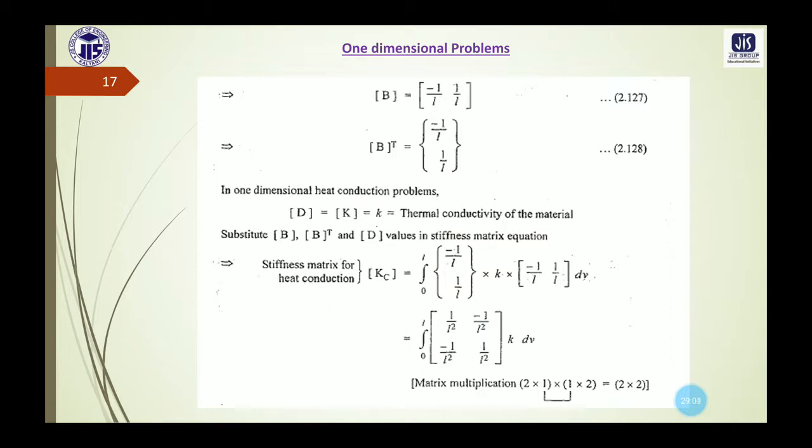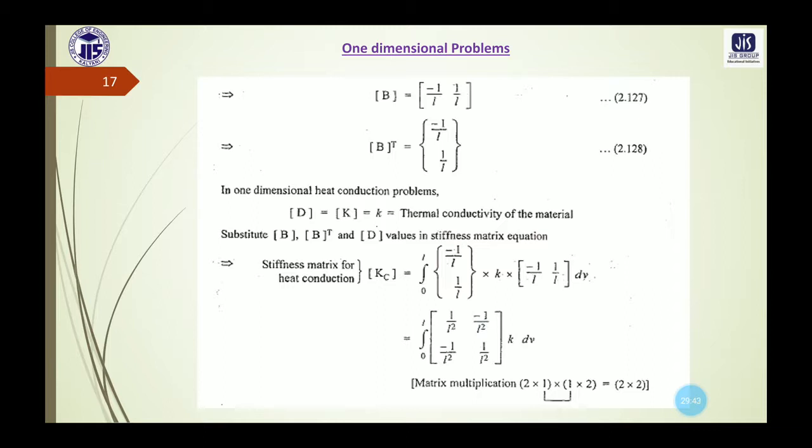If we substitute the B matrix, B transpose and the D matrix, which is actually k, in the stiffness matrix equation, we can write that the stiffness matrix for heat conduction, Kc, equals the integration from 0 to L of B transpose multiplied by k multiplied by the B matrix dV.